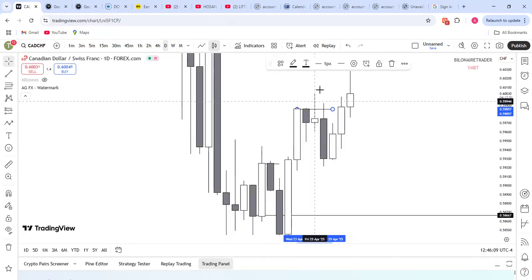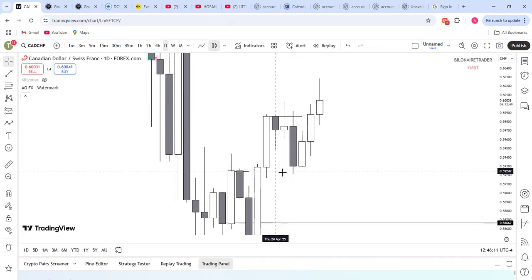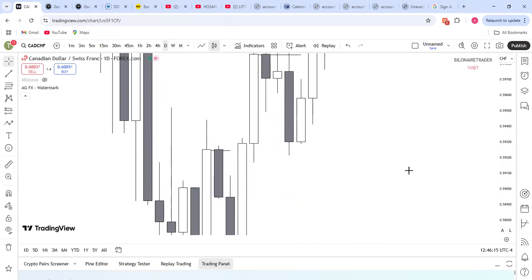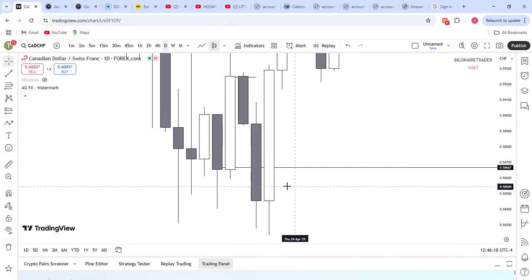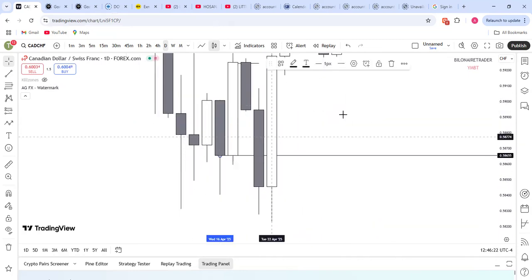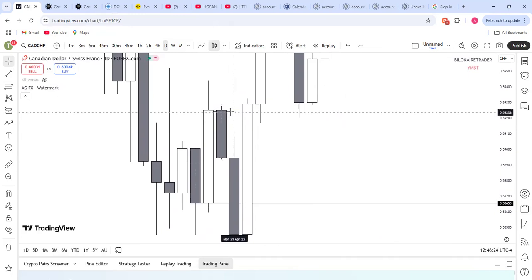So as we saw this breakout, let's analyze market behavior from this daily. Did you see this now? We had a sweep, right? And then we had a break, correct?